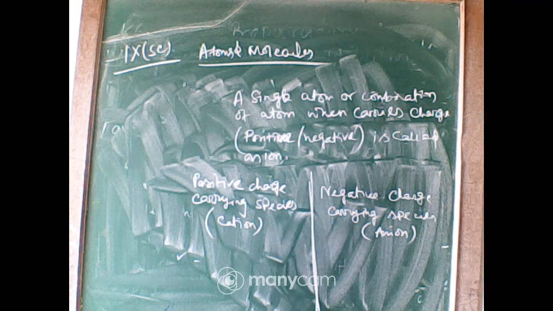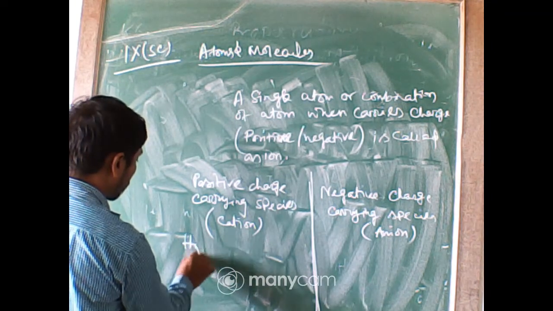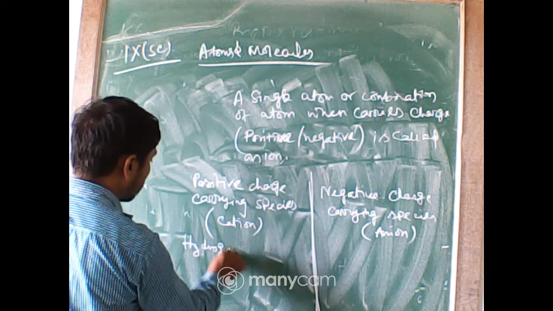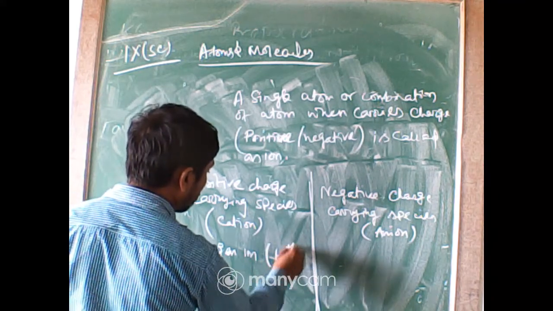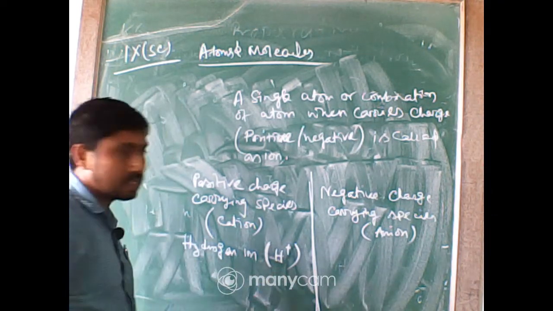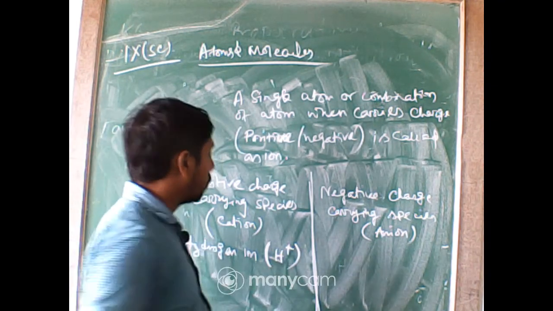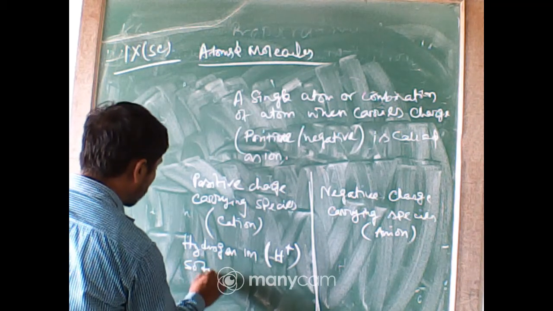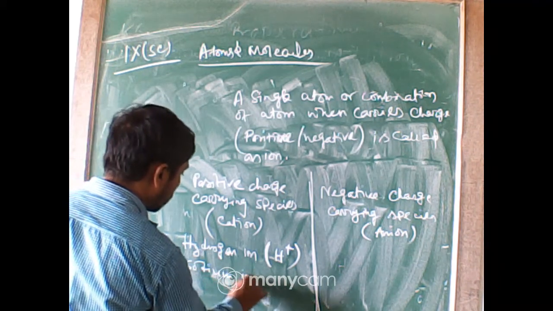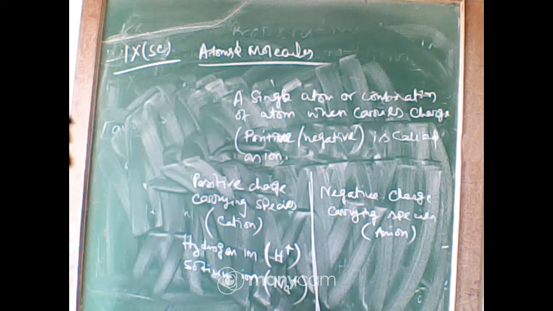So, first one, hydrogen ion. In bracket you will write H and the plus as a superscript with its symbol. Next one, sodium ion, and within bracket you will also mention its symbol, Na plus.